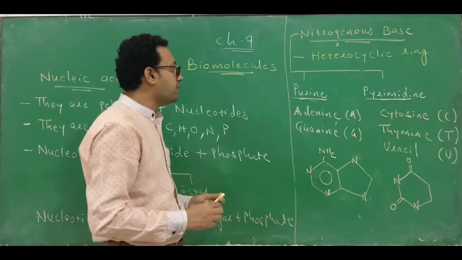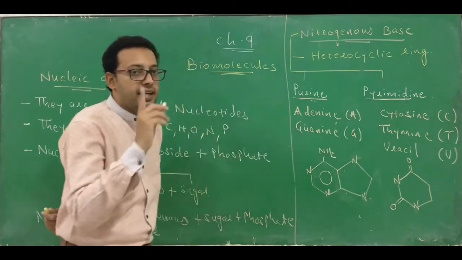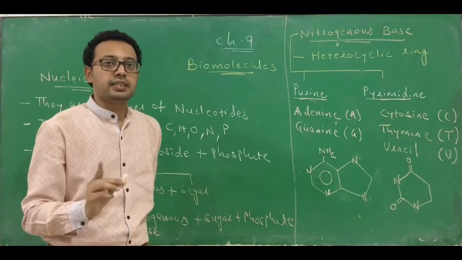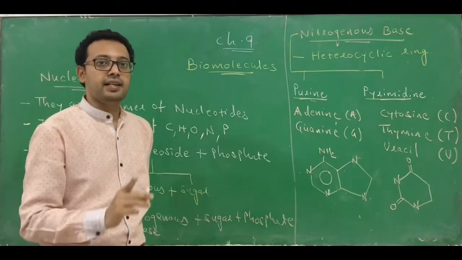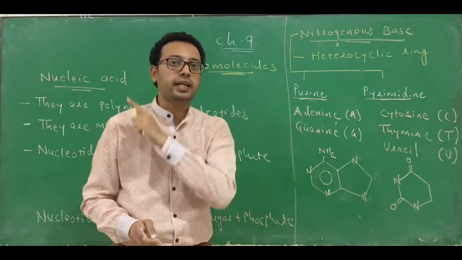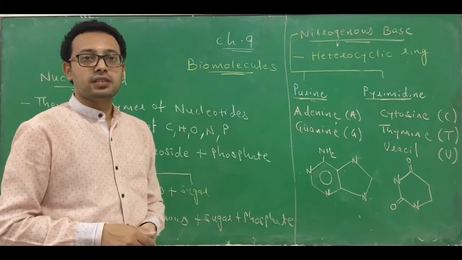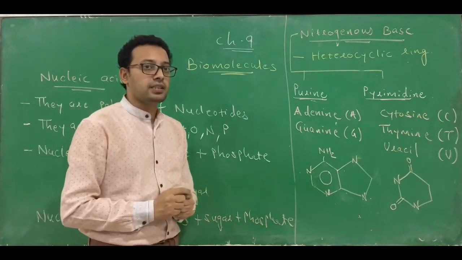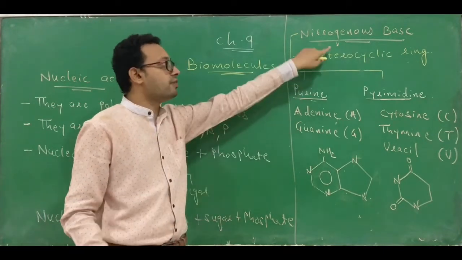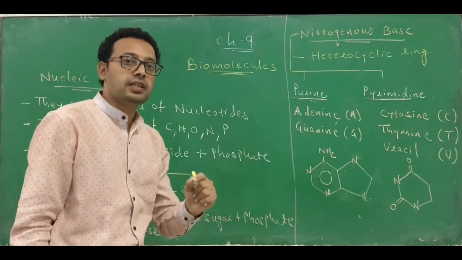Now one important thing you have to remember is that DNA and RNA are nucleic acids. What is the full form of DNA? Deoxyribonucleic acid. What is the full form of RNA? Ribonucleic acid. Both are nucleic acids, so obviously they contain nitrogenous bases. Which nitrogenous bases are present in DNA?